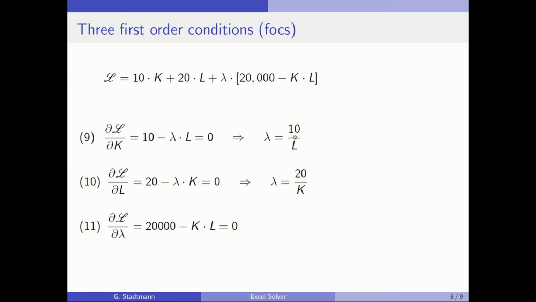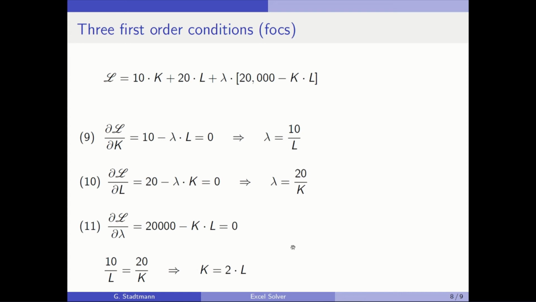When we combine these two expressions, it should be the case that these lambdas are the same. Let's write that down: 10 over L is equal to 20 over K. And then we solve this relationship for K. So K is equal to 2L.